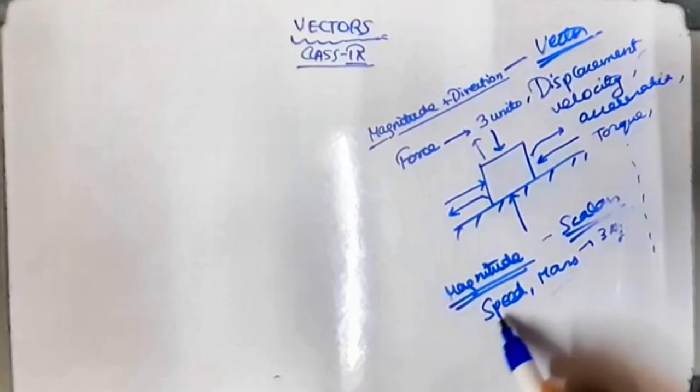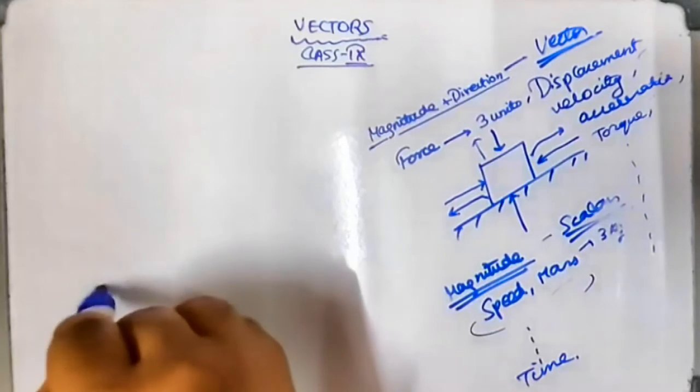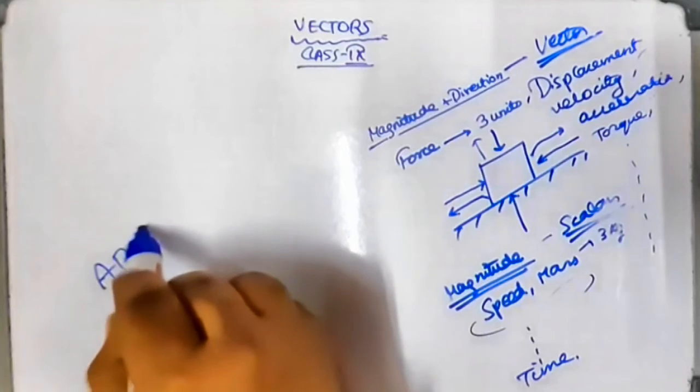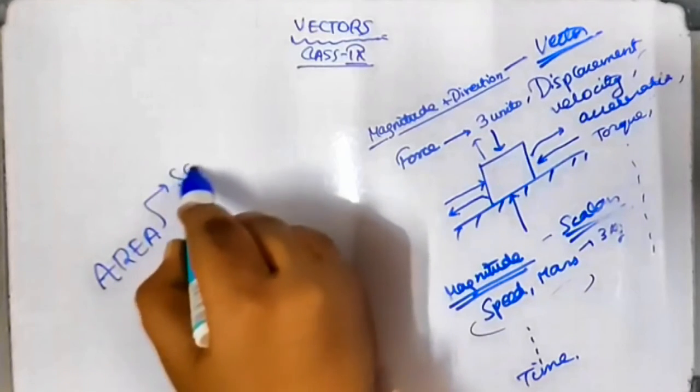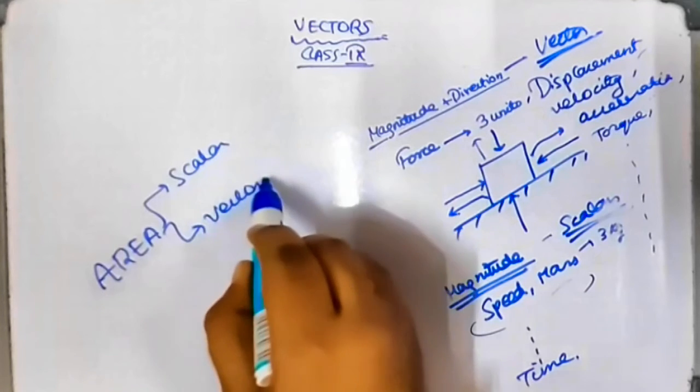And in case of scalars also there are many more. Time is a very fundamental example which I must give. There are some quantities which behave both as scalars and vectors depending upon the situation. Area is one of the examples. Area is a scalar as well as a vector in some situations.